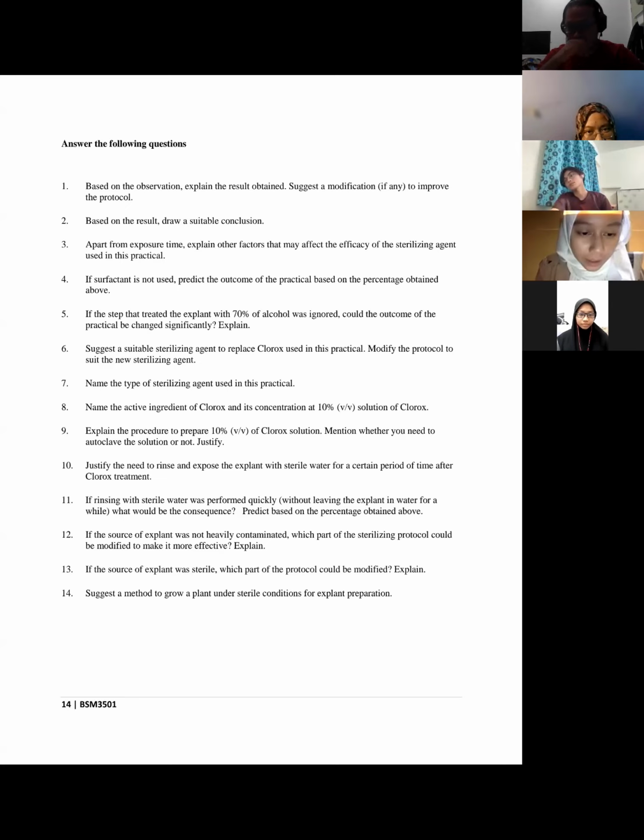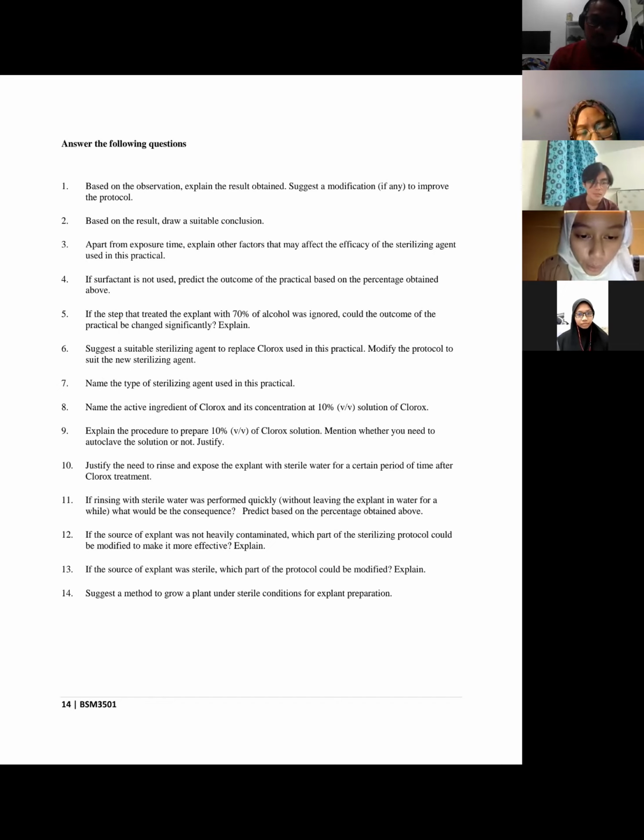Okay, so number 13, right? Number 13, the question is, if the source of explant was sterile, which part of the protocol could be modified? And it stated we have to explain. So my answer is, if the source of the explant was sterile, the explants can be prepared directly without sterilization.